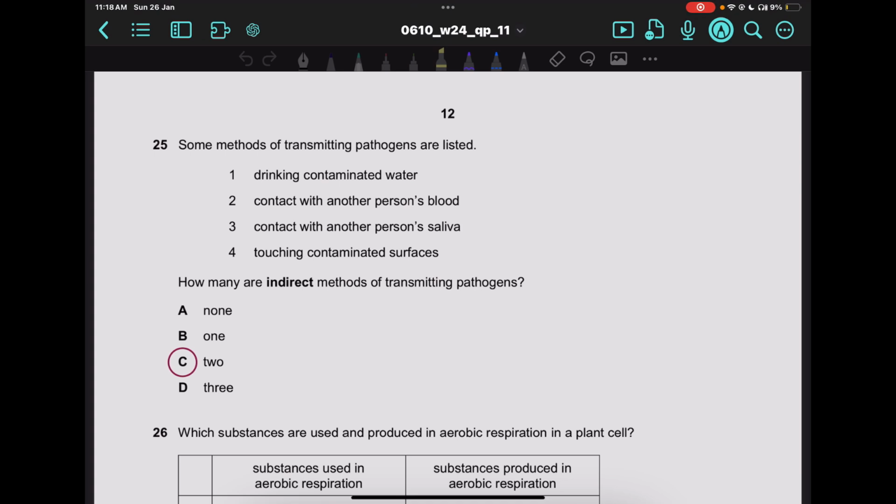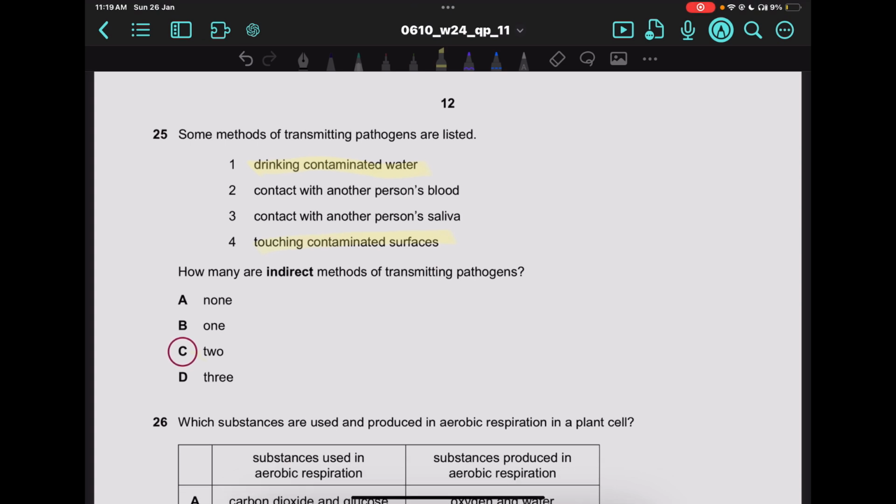But if you touch or sit on a place where a sick person has been, without disinfecting it, you get their pathogens transmitted to you. So this is indirect. You didn't mean to be in contact with this person. So drinking contaminated water and touching contaminated surfaces are indirect methods. So the answer is going to be 2.